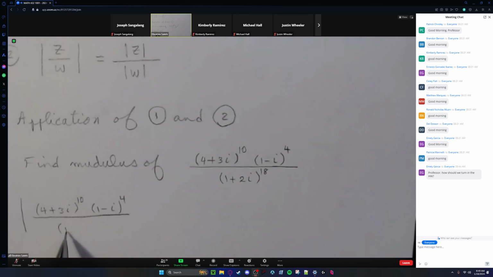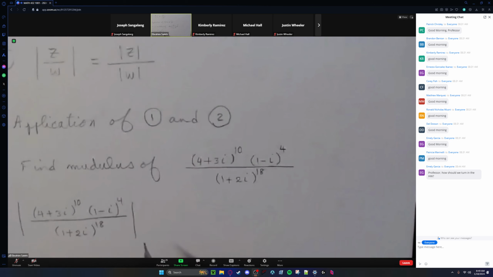Based on property number 2, this is equal to the modulus of the numerator divided by the modulus of the denominator.